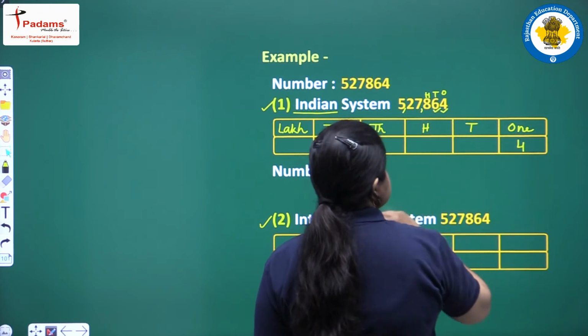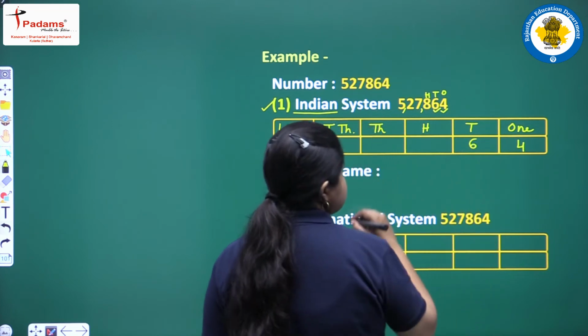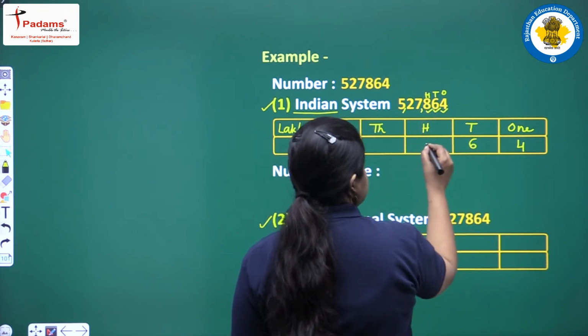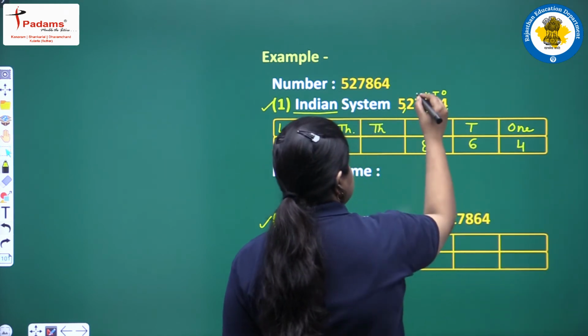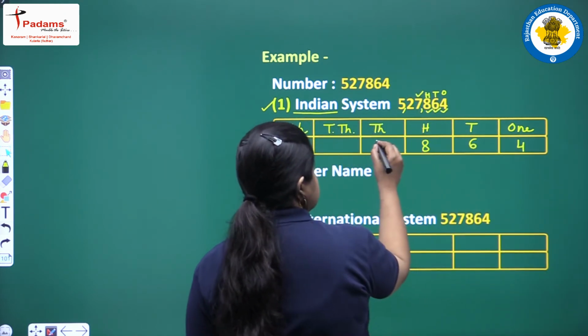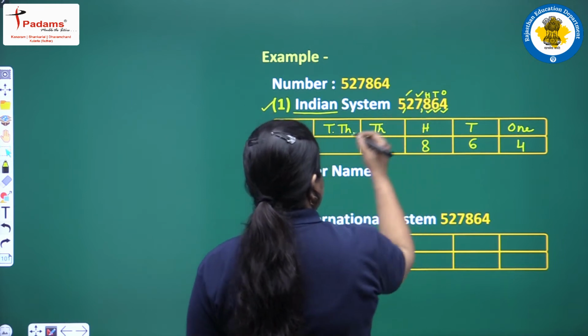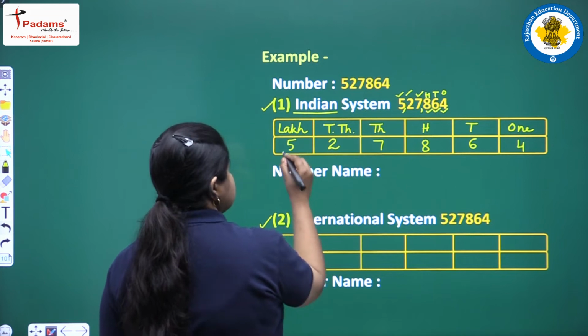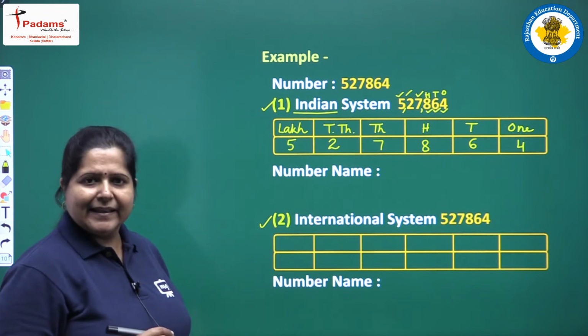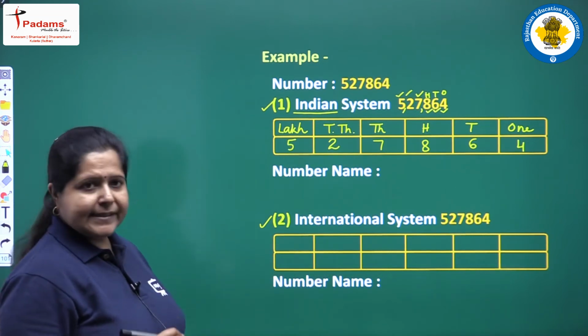Then we have 6 at tens place, so 6. Then we have 8 at hundreds place, so there will be 8. Then we have 7 at thousands place, 2 at 10,000s place, and 5 at the place value of lakhs. Clear to you? Now we write down the name.